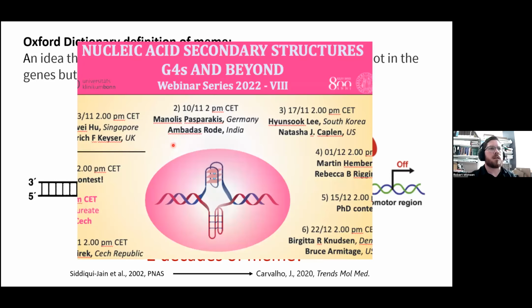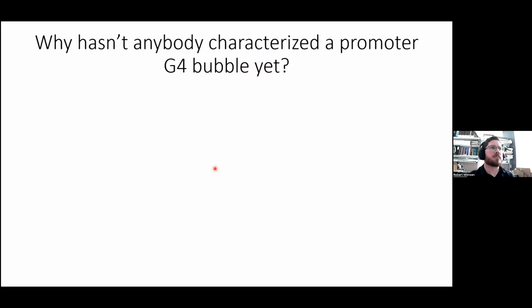And actually, in putting together this talk, there is another ongoing seminar series for the G-quadruplex community that is also using this same kind of duplex quadruplex schematic as shown here. They have the quadruplex popped out and just kind of hanging out, but really we don't know if that's actually the case. And in our opinion, it doesn't seem like it should be the case.